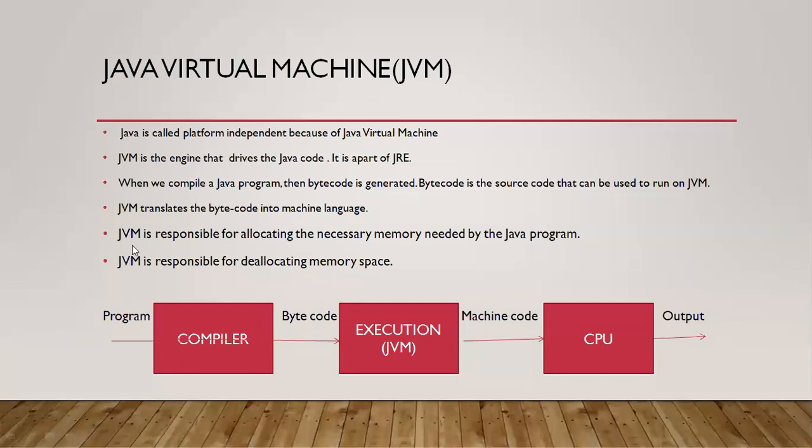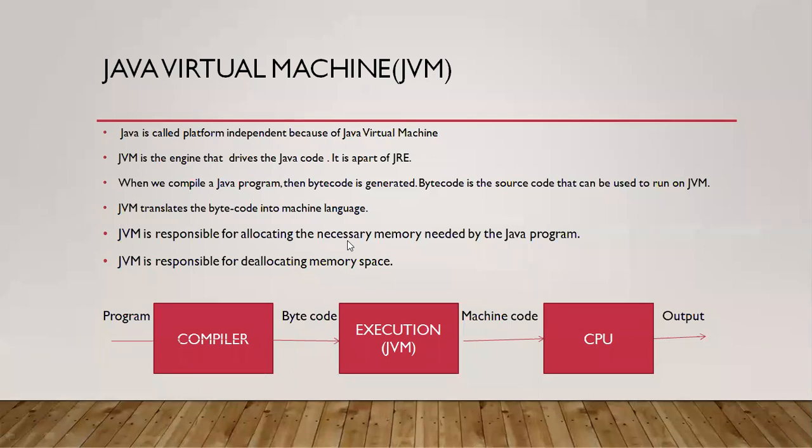And next, JVM is responsible for allocating the necessary memory needed by the Java program. The JVM architecture has some runtime memory.